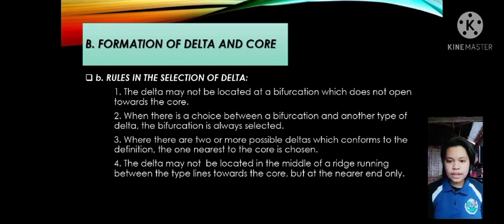So the third rule in the selection of delta, where there are 2 or more possible deltas which conform to the definition, the one nearest to the core is chosen. So it was simply explained that kung naay duha or more possible deltas is katong types of delta: bifurcation, dot, short ridge, and abrupt ending ridge.